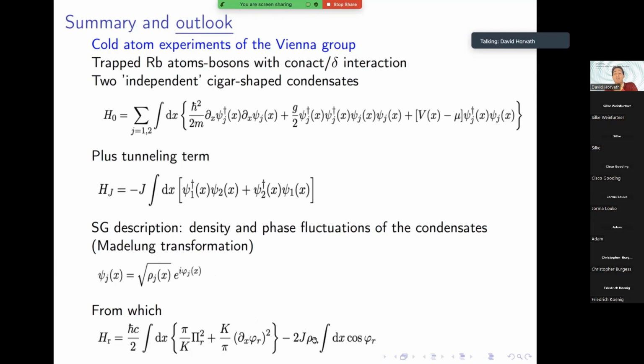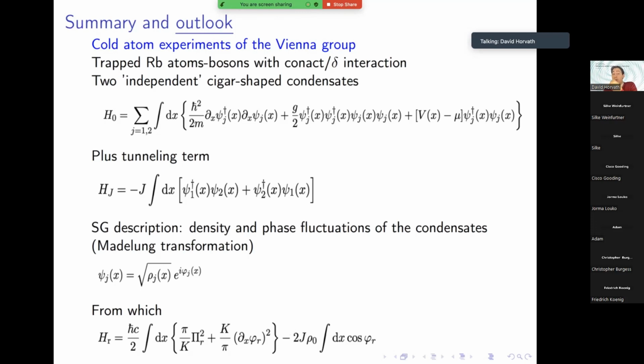Of course, here the assumption is that you can keep rho 0, the density of the condensate, fixed. For the symmetric combination of your new variables, you will get a conventional Luttinger liquid. So you have a Luttinger liquid for the symmetric degrees of freedom, and the sine-Gordon Hamiltonian for the relative coordinates. So this is how sine-Gordon emerges in these experiments.